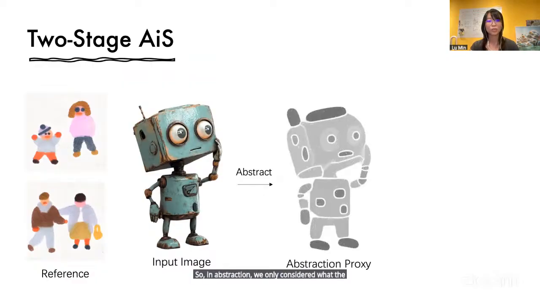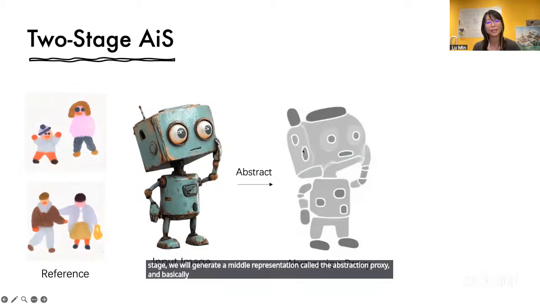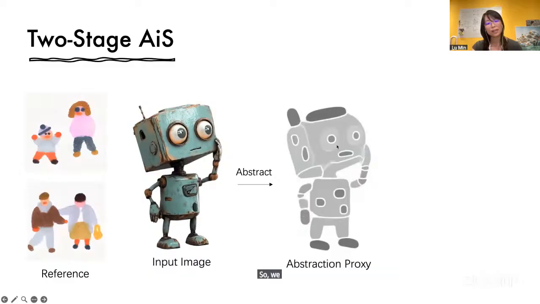how the object will be represented by shapes. In this stage, we generate a middle representation called the abstraction proxy, and basically it's a gray image. We see that in this stage, the geometric representation of the bird is changed.